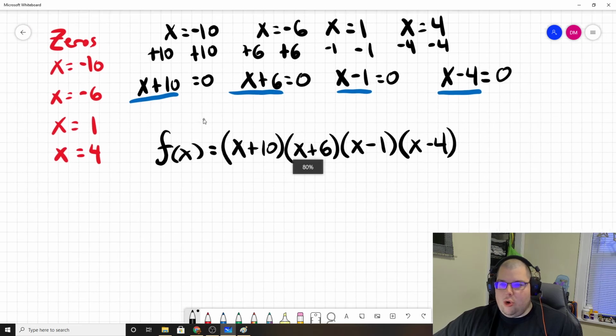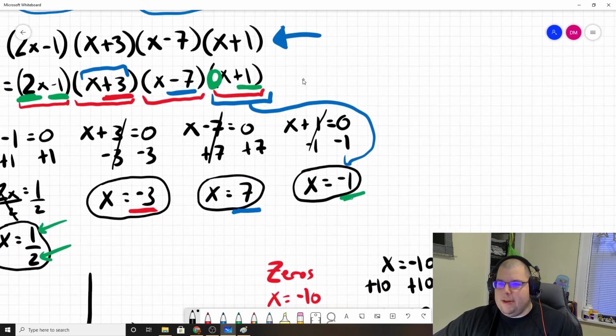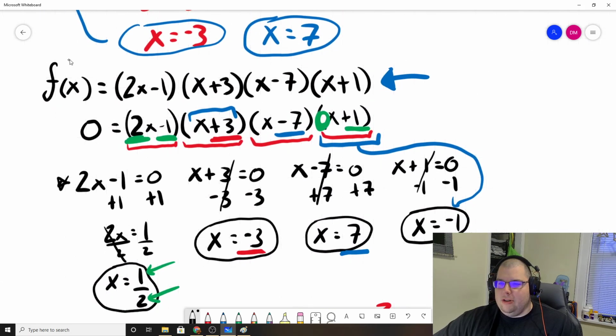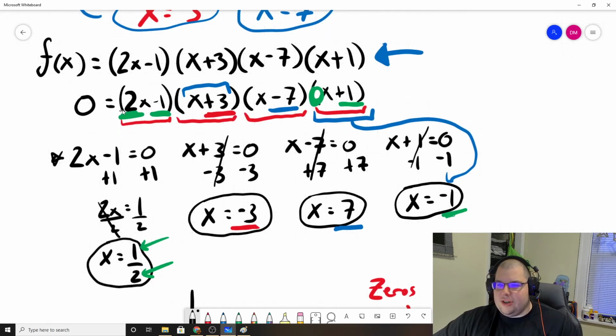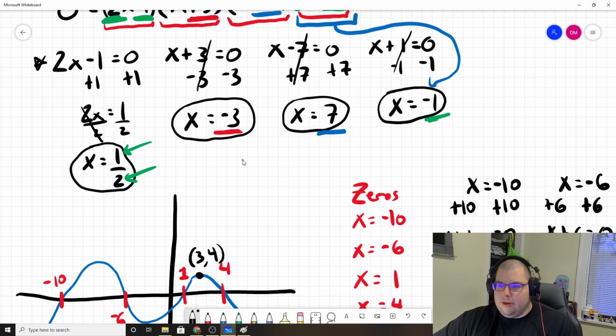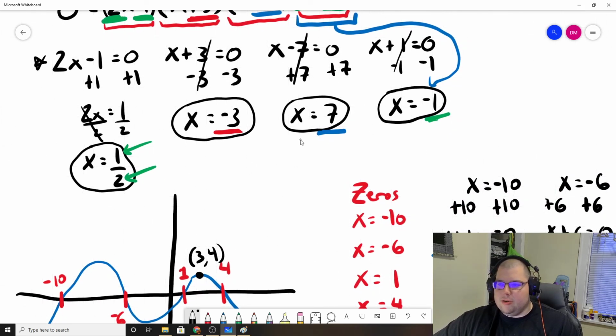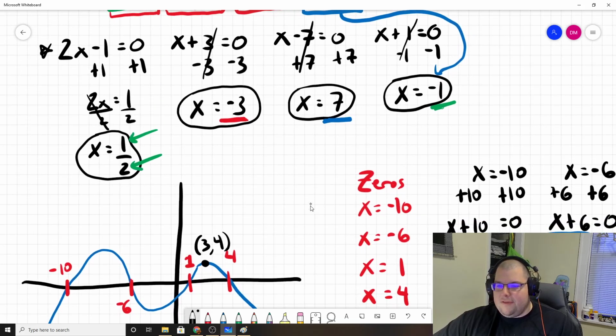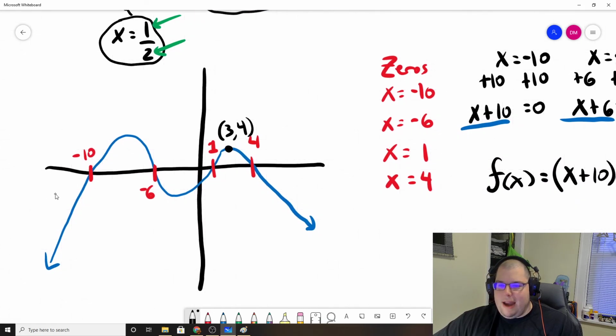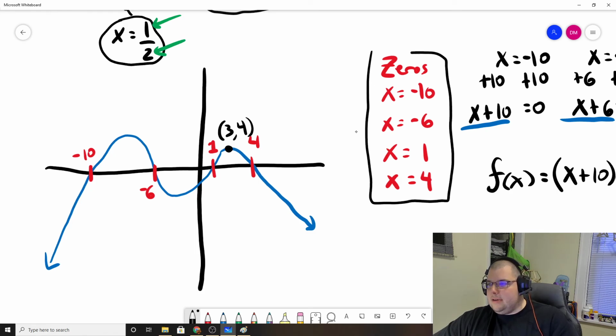So a real quick recap: if they give you the polynomial in factored form, set each factor equal to 0, get x alone, and that tells you your zeros. If the problem starts by giving you a graph, everywhere it touches the x-axis is a zero, and you should make a list like I did.